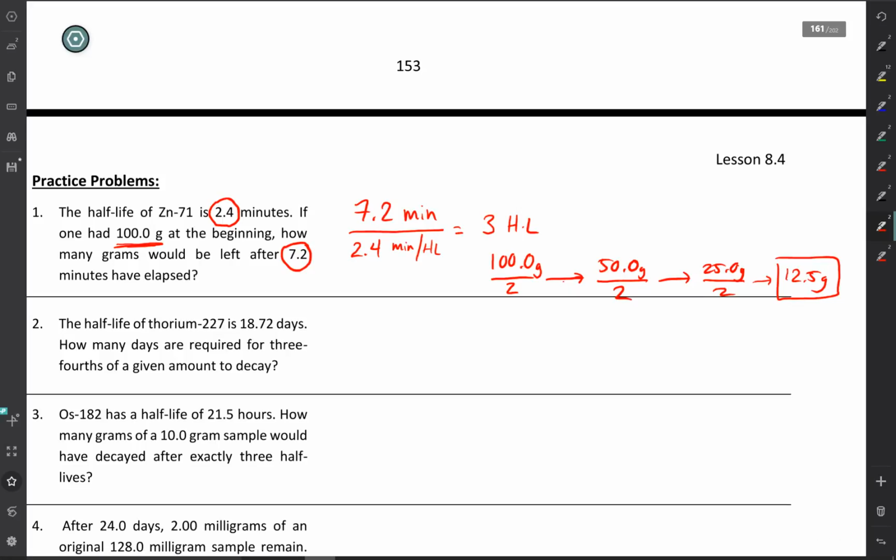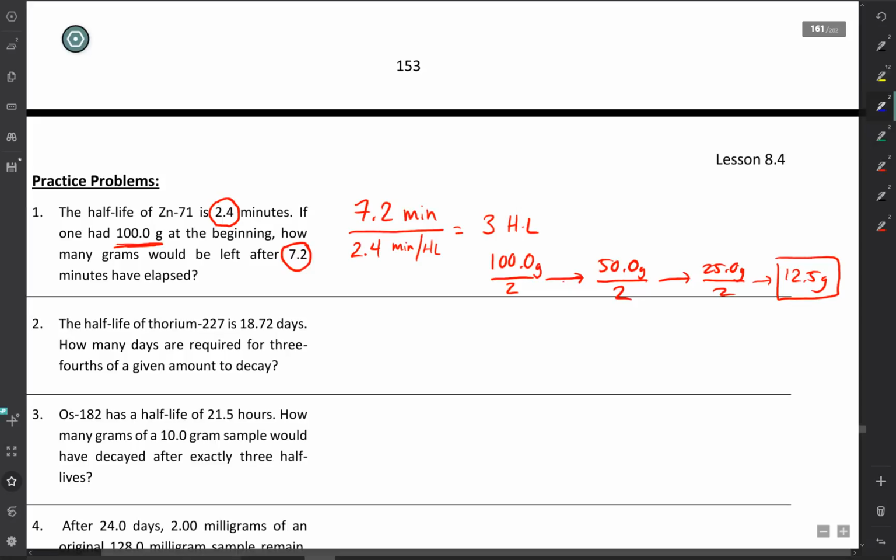With half-life problems, please don't stress over significant figures. I'm not going to be too worried about them. I just really want to see that you can do the work. So what we see is really every time you draw an arrow like this, you've gone through a half-life. So I've got 1, 2, 3 half-lives that have elapsed.